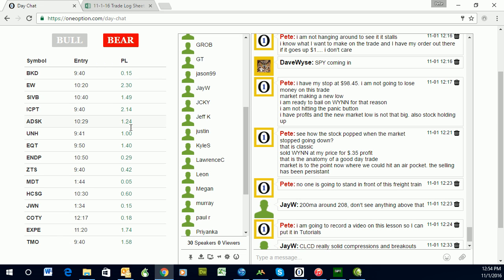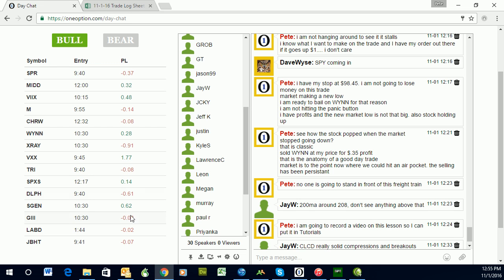You can see the P&L is based on the entry time, the first time that the stock hit the list. So you have the entry time and your P&L since the stock hit our list. And the same is true for the bullish side. Now, even though the market's been down, down, down all day, you'll see that if you netted all of these trades out, we're still up.